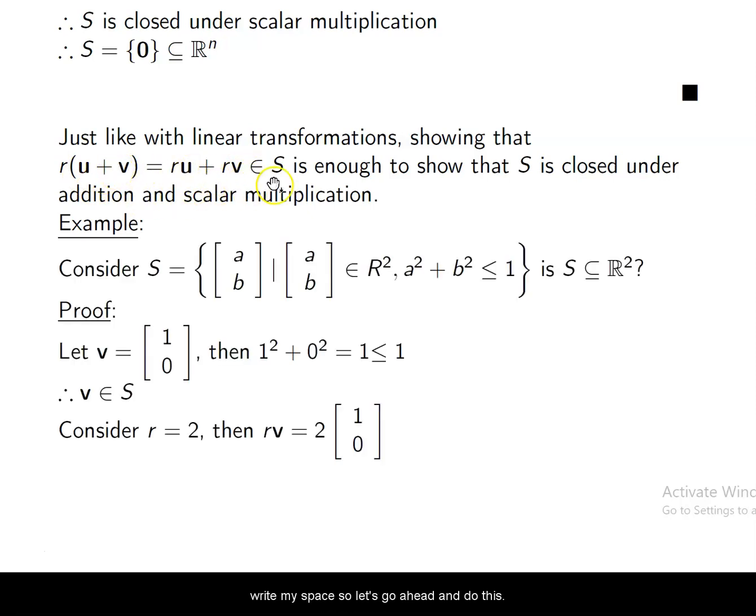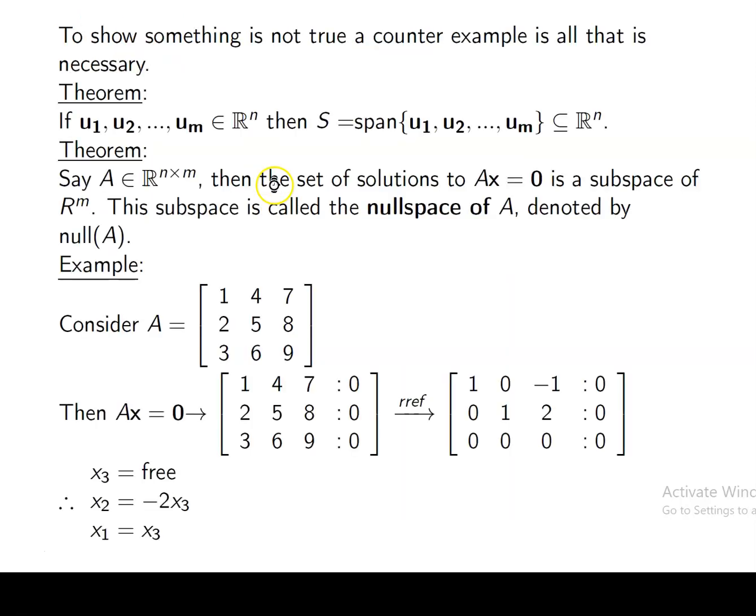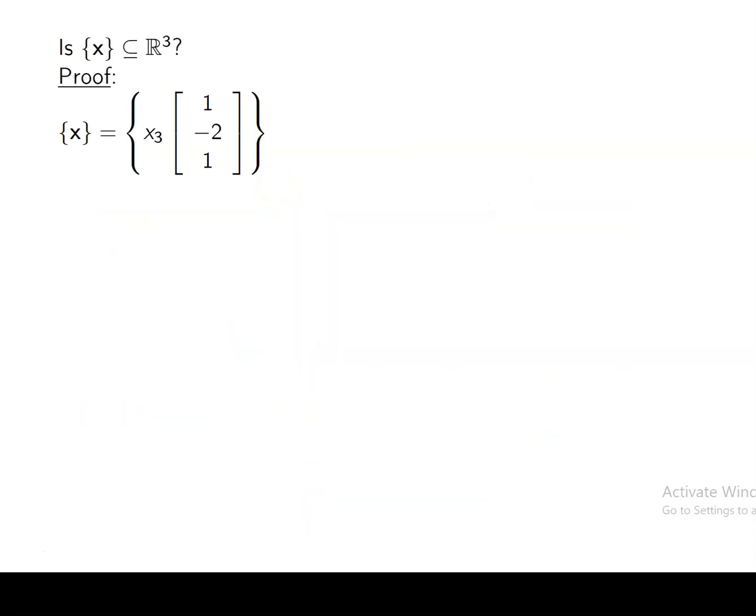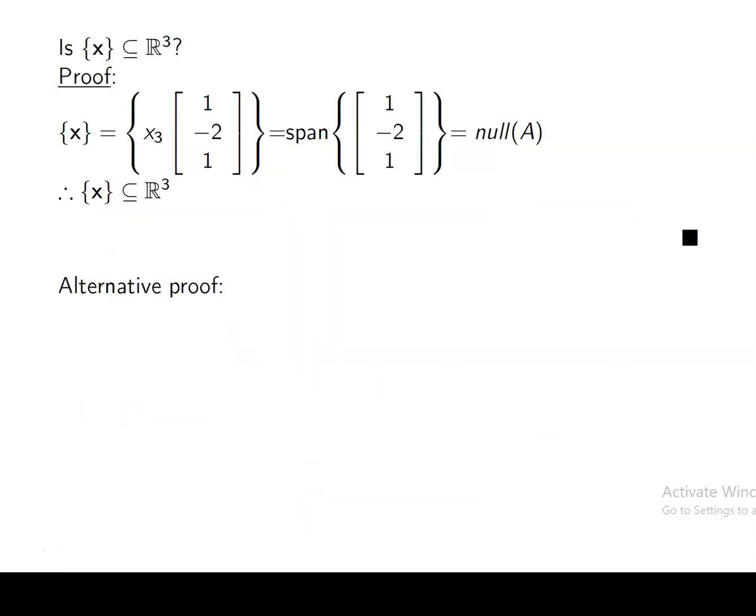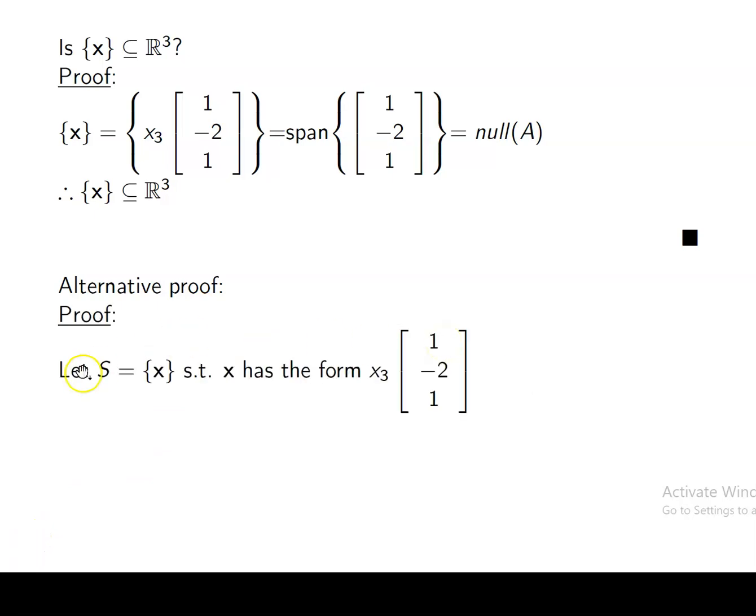So let's go ahead and do this proof. Let S equal the set of vectors x, where it's just one vector, such that x has the form some scalar times (1, -2, 1), the set that we had here. Here, x3 is a scalar.